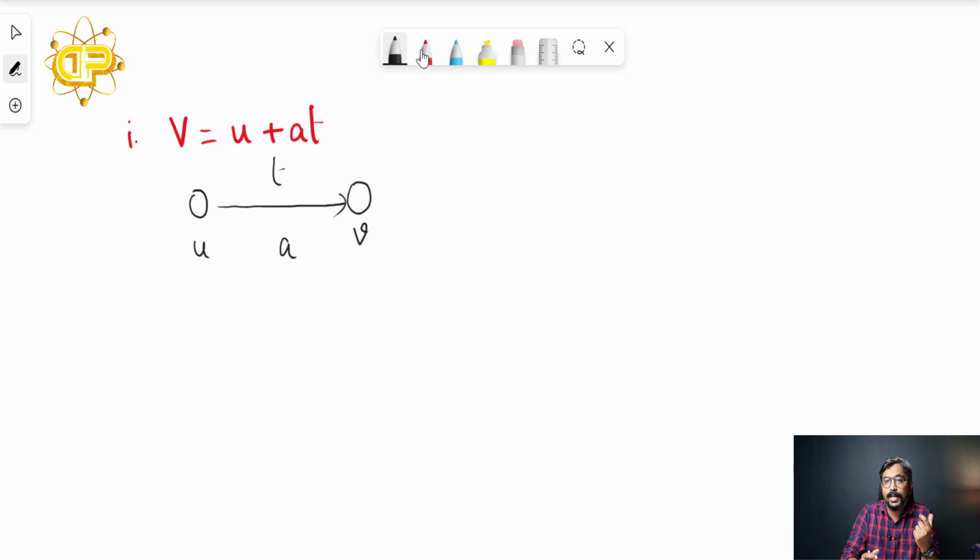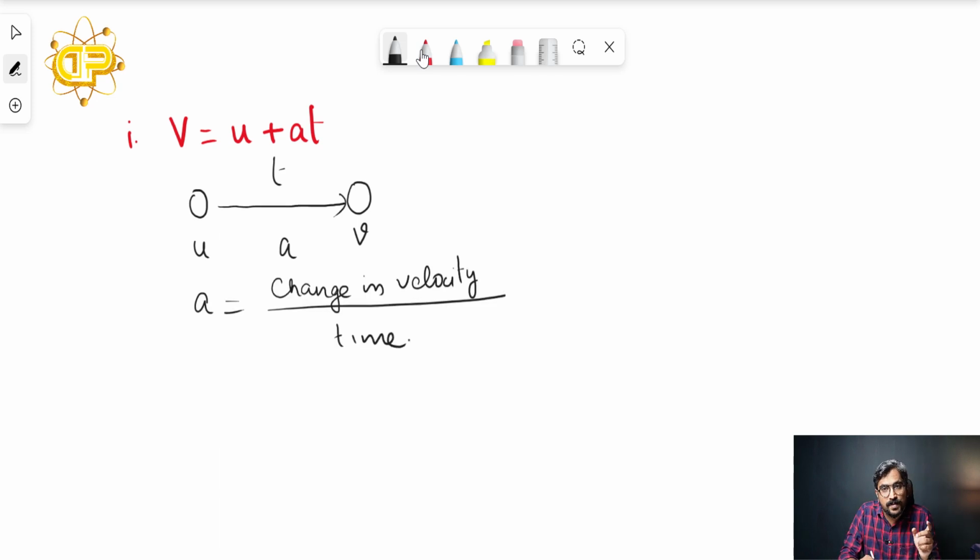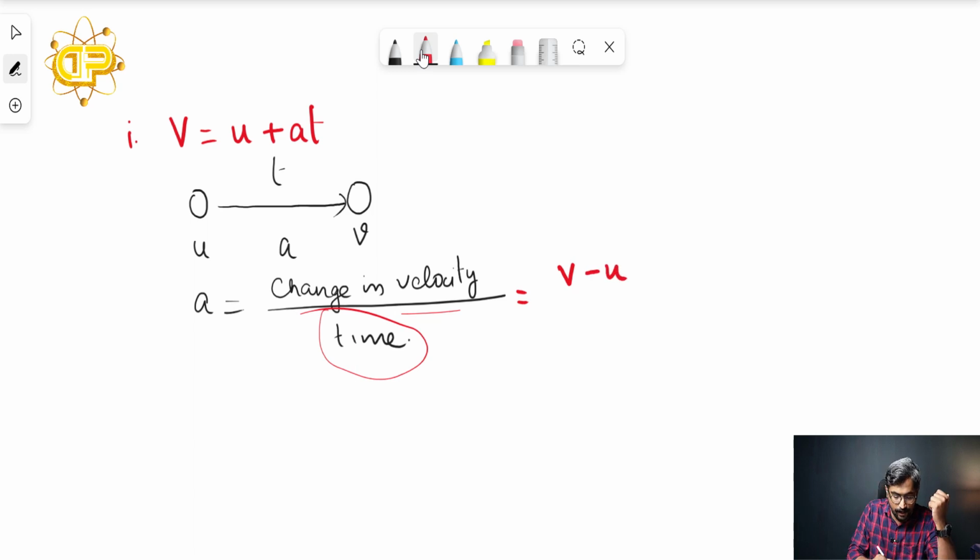So how can I calculate the acceleration? By the definition, acceleration is equal to the rate of change in velocity. Whenever the term rate comes, that means divided by time. So what is the change in velocity? Change in velocity is equal to v minus u, that is final velocity minus initial velocity, divided by time.